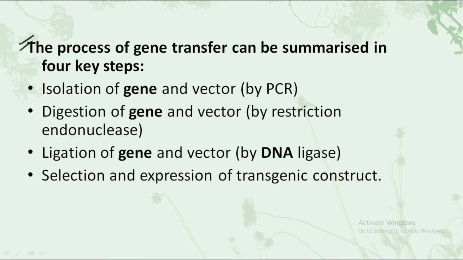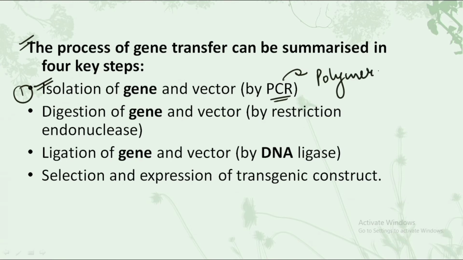We can summarize the process of gene transfer in 4 key steps. These are basic steps that are followed in all of these processes. The first step is the isolation of the gene and the vector by PCR. And what is PCR? It is polymerase chain reaction.